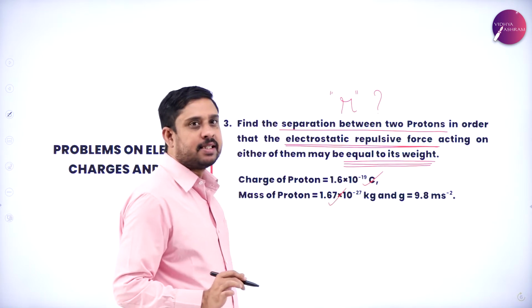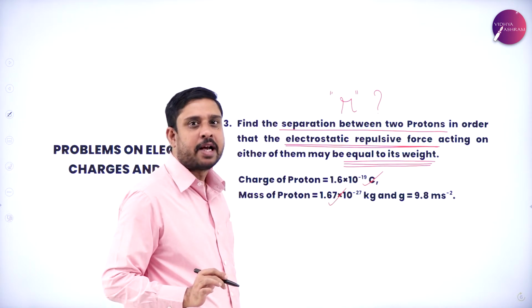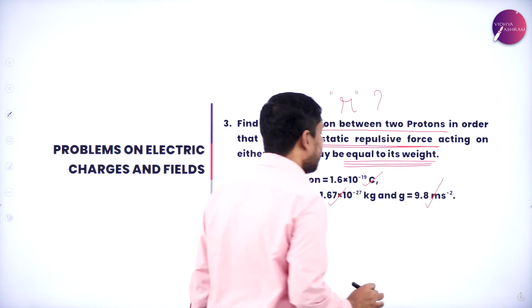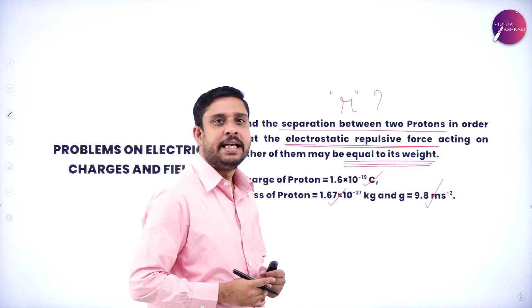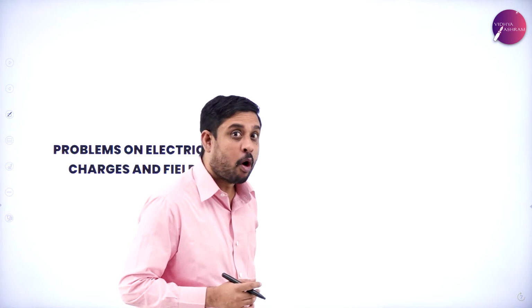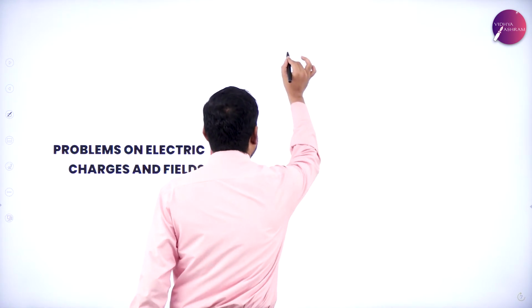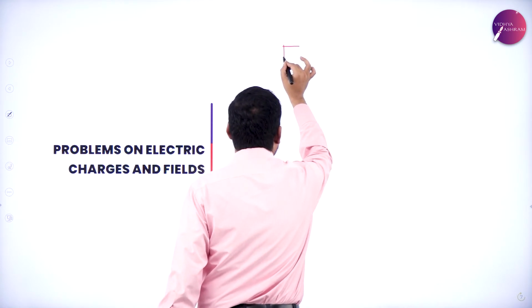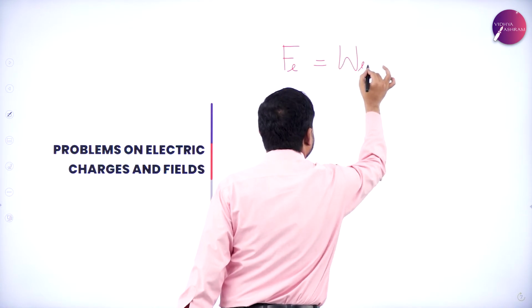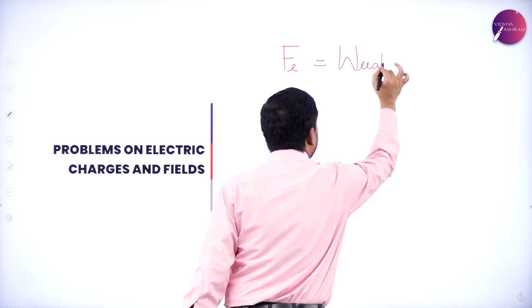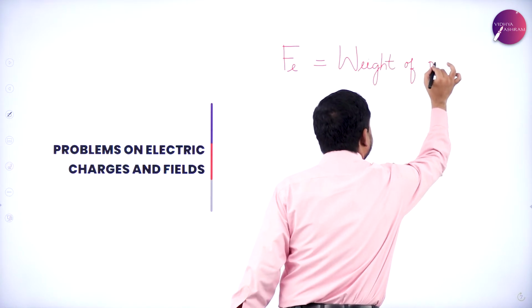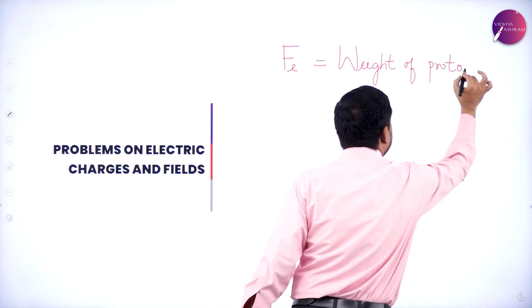Mass is 1.67 into 10 power minus 27 kg. G is 9.8 meter per second square. Now, what is the given condition? Electrostatic repulsive force is equal to the weight of each proton.